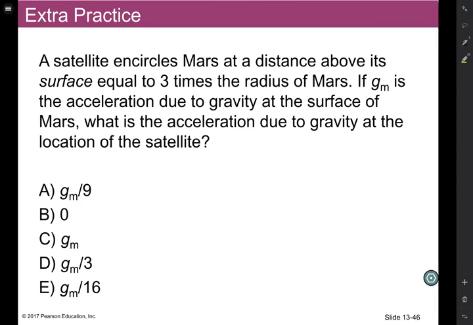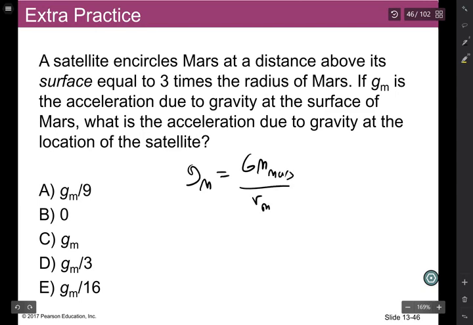Okay, so a satellite is orbiting Mars above its surface, very far, 3 times the radius of Mars. So we know g of Mars is G M Mars over R Mars squared. We want this g, which is still G M Mars over R orbit squared.